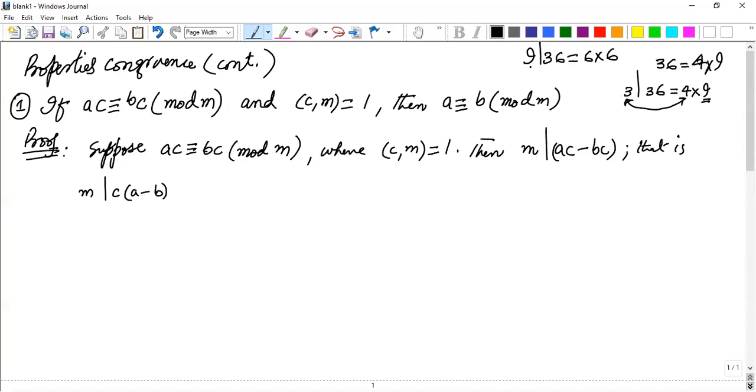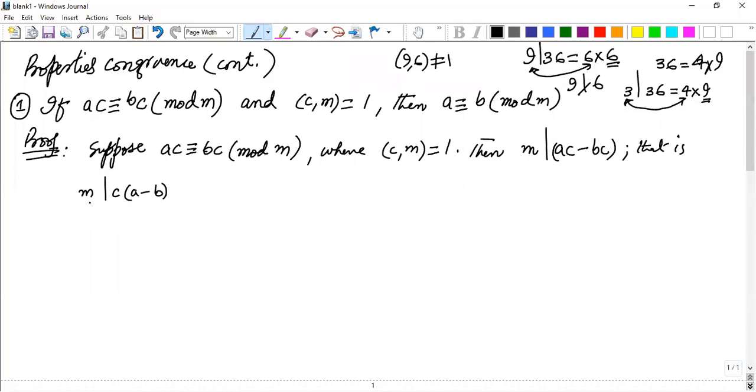Since the GCD of 9 and 6 is not equal to 1, 9 does not necessarily divide 6, the remaining factor.